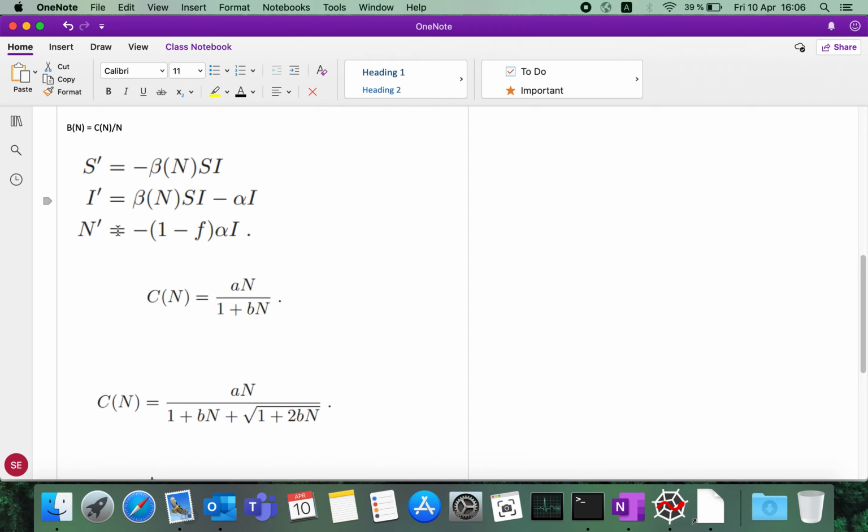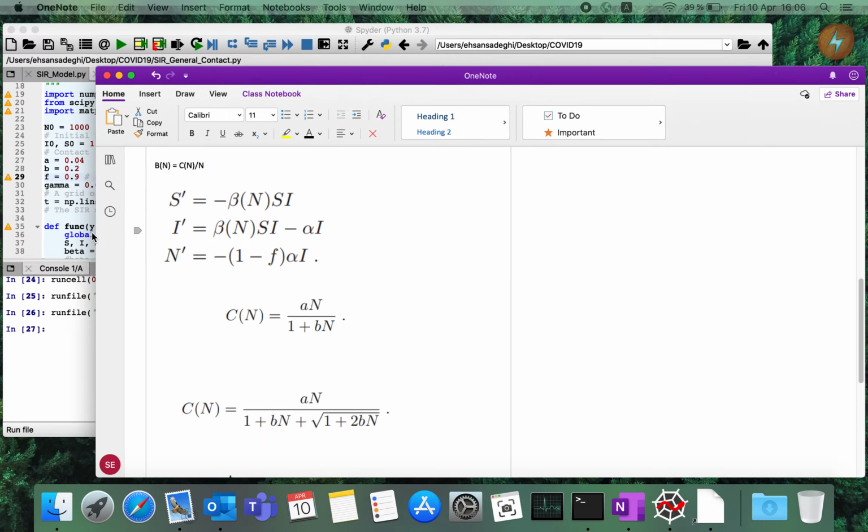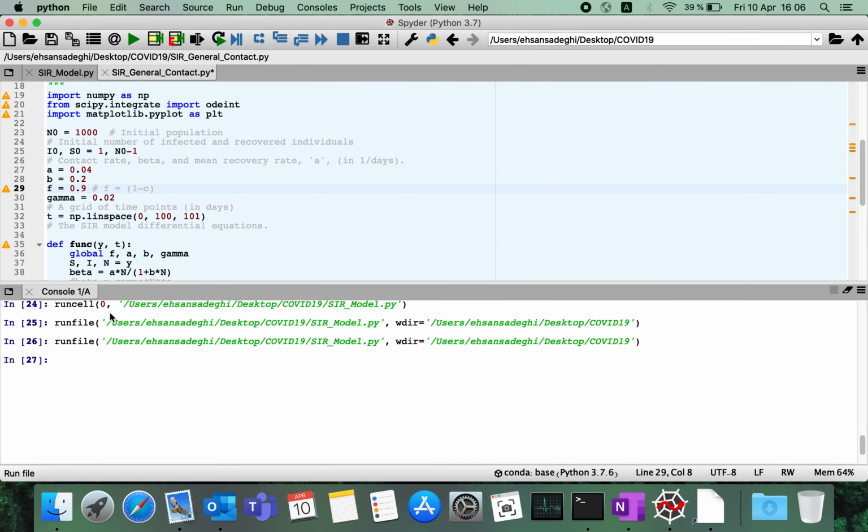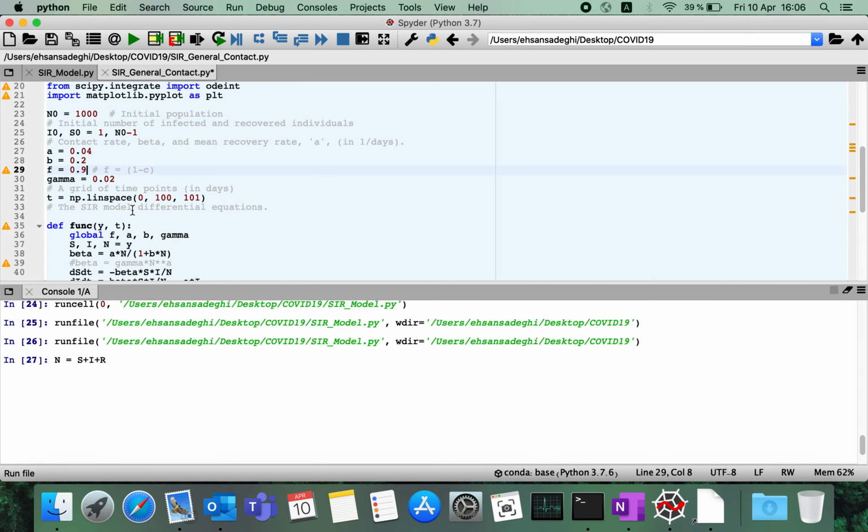We don't include the rate of change of R here, because once S, I, and N are determined, we can calculate R just by the formula N equals S plus I plus R. So N is determined, S is determined, I is determined, and the only unknown variable is R, which we can extract from our data.